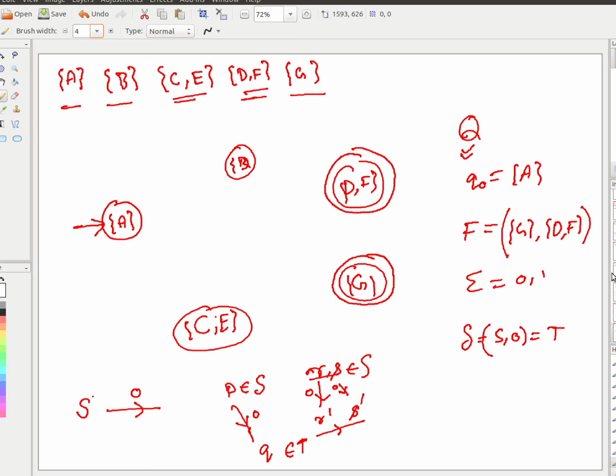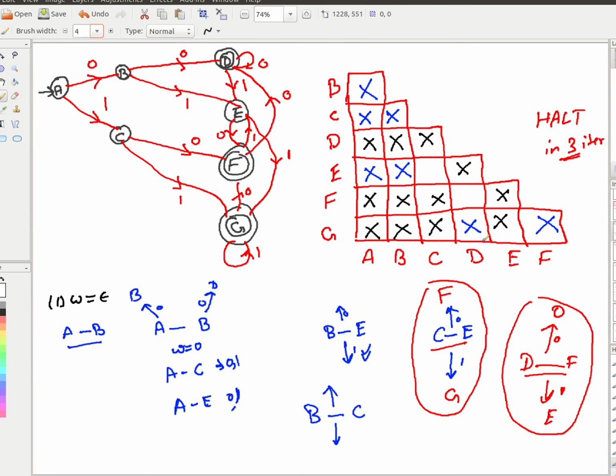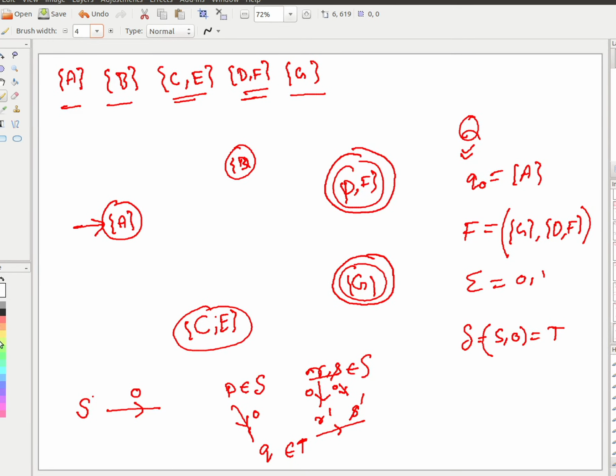So if you go back to the diagram which we drew here, I think it might be difficult for me to do it all here, but if you have already drawn it or at least seen it, let me just help you with a few. A at 0 goes to B, at 1 it goes to C, correct? So A at 0 goes to B, so I am going here. A at 1 goes to C, good.